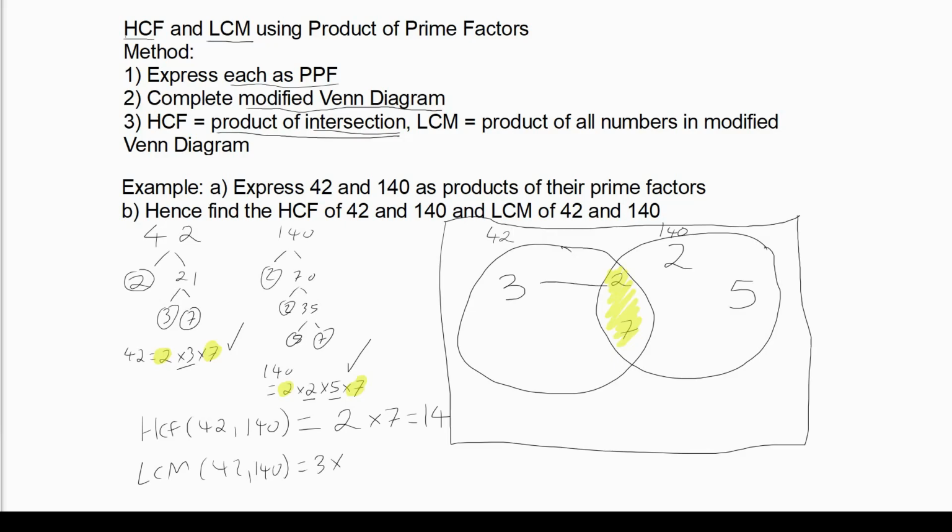I'm just going to join them up to show you. 3 times 2 times 7 times 2 times 5, which is 6 times 14 times 5, which is 30 times 14. 14 times 3 is 42, so I get 420. That is the lowest common multiple of 42 and 140, which is a little bit easier than listing all of the multiples up to 420, at least I think.